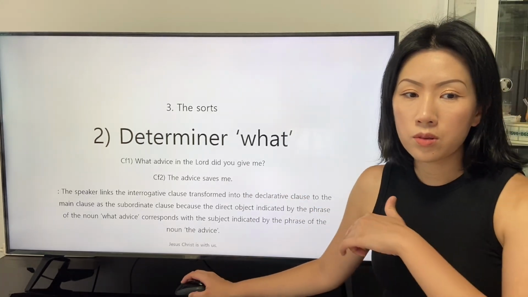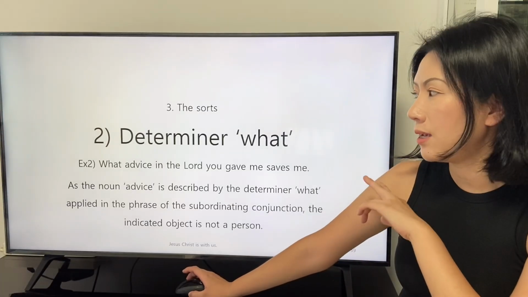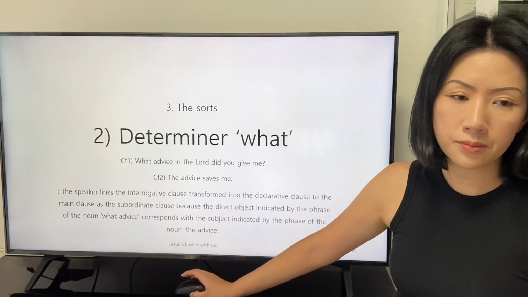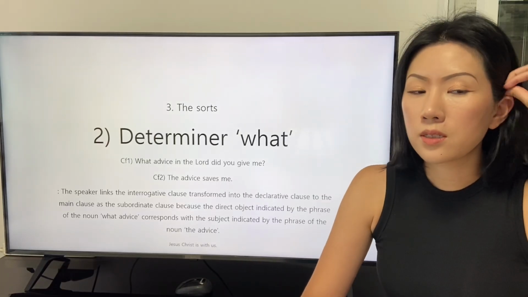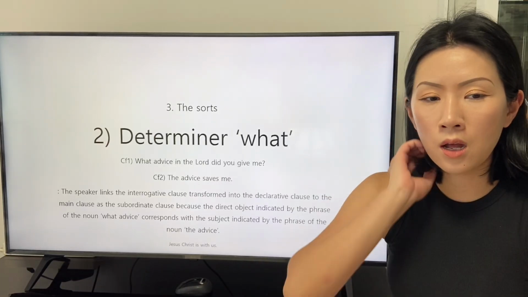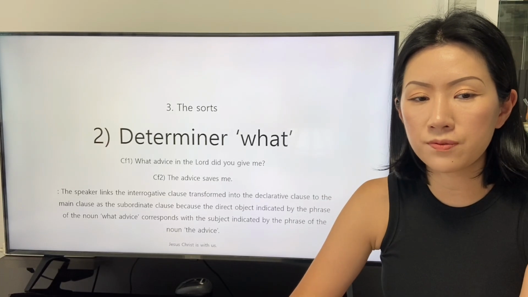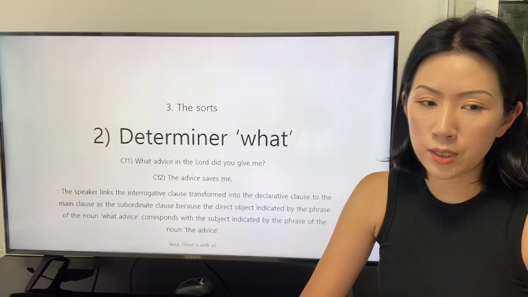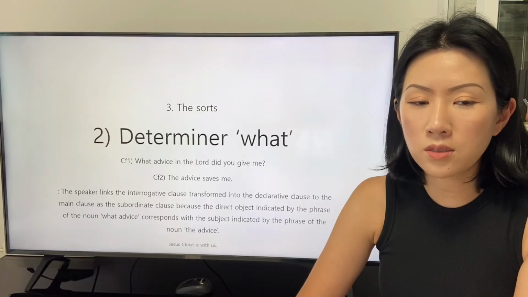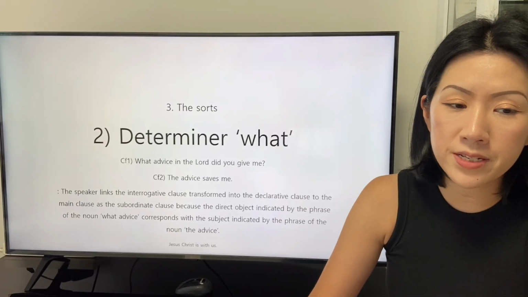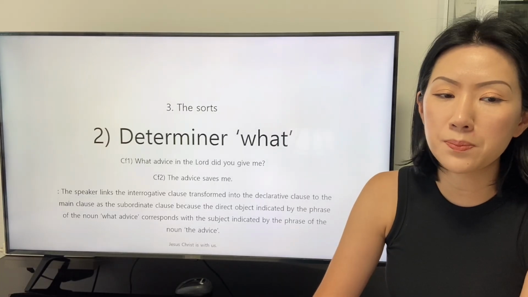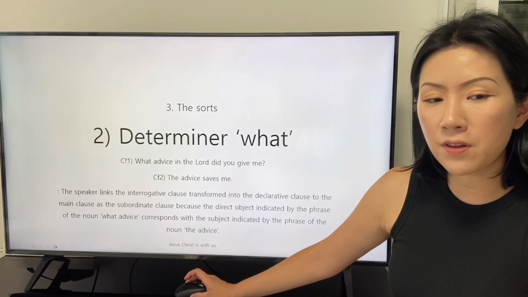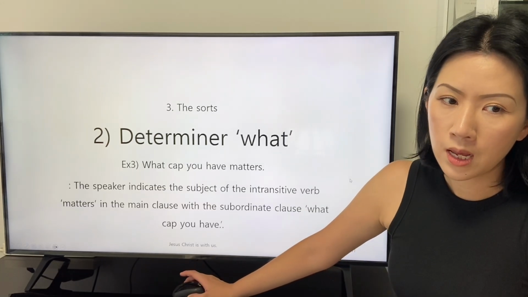That's how the second example sentence is stated. Let's read the explanation. The speaker links the interrogative clause transformed into the declarative clause to the main clause as the subordinate clause, because the direct object indicated by the phrase of the noun what advice corresponds with the subject indicated by the phrase of the noun the advice.